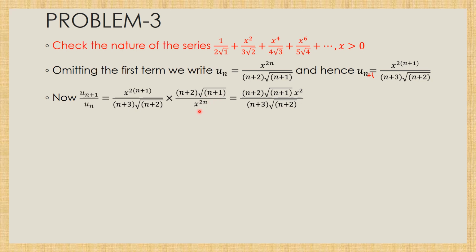Here the first numerator, x power 2 of n plus 1, means x power 2n plus 2. So x power 2n cancels with the second denominator x power 2n, and x power 2 remains. So we write n plus 2 into root n plus 1 divided by n plus 3 into root n plus 2, into x square. So we got un plus 1 divided by un.